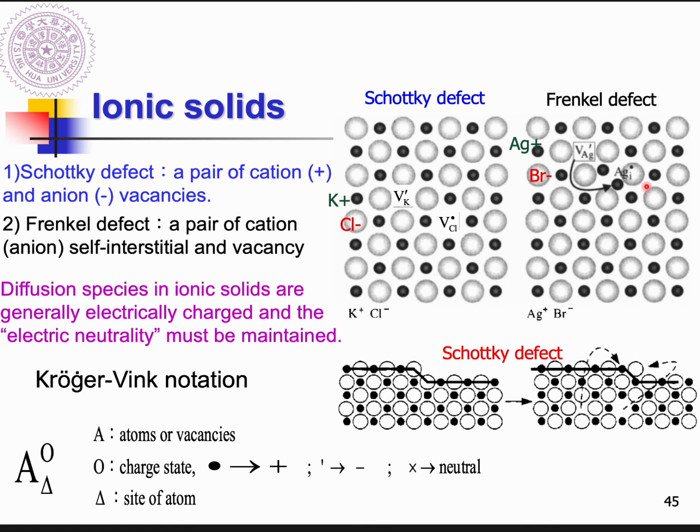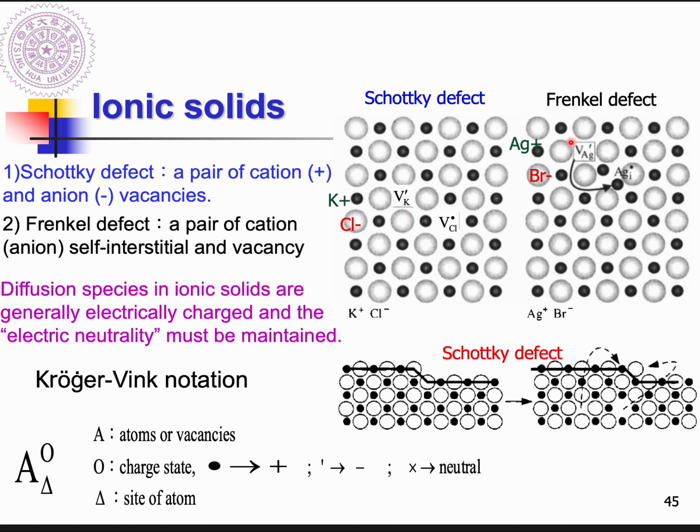In ionic solids, a very important point you need to consider is that electrical neutrality must be maintained. Here the electrical neutrality is maintained, right? Because we create the same number of cation and anion vacancies.